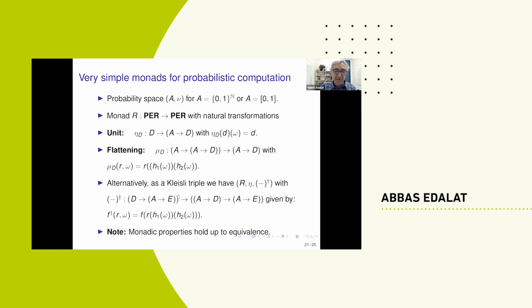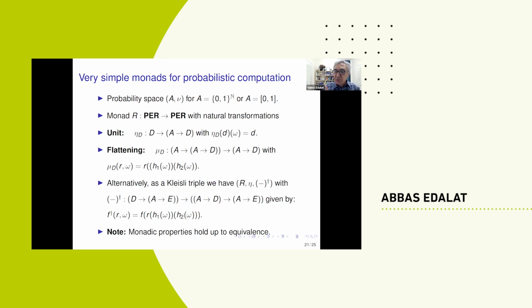And also you can have a simple representation of the monad in terms of a Kleisli triple, and the dagger operator also has a very simple definition that just uses the splitting, H1 and H2. But the monadic properties hold up to equivalence, of course.